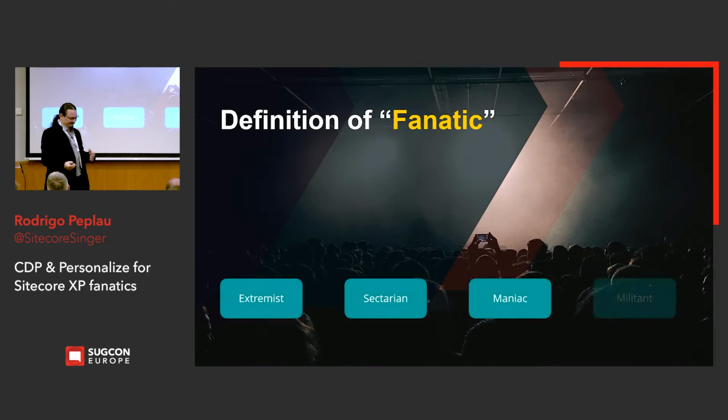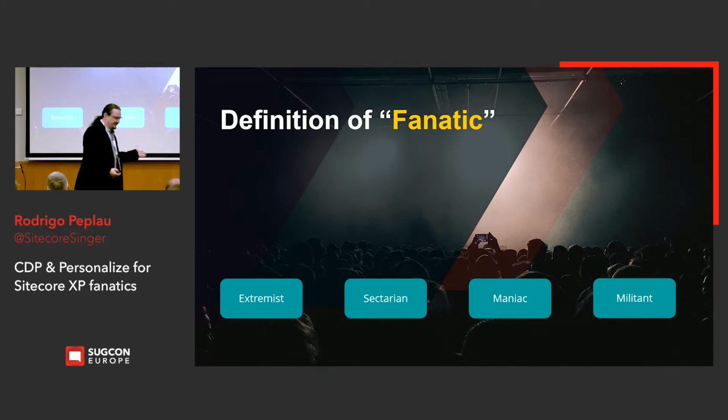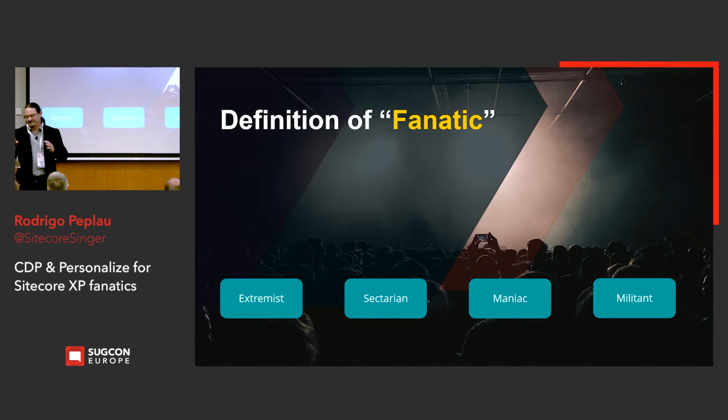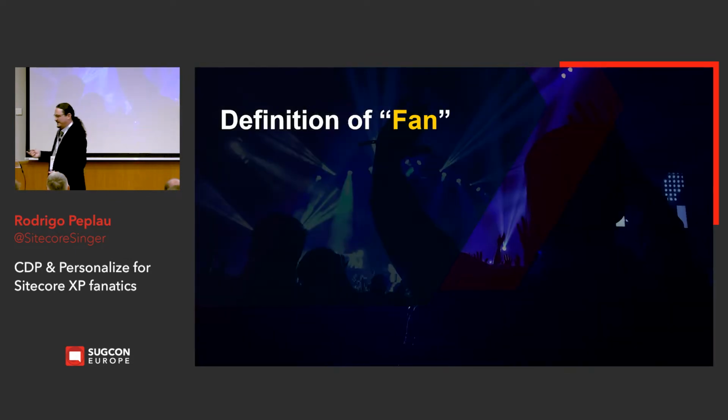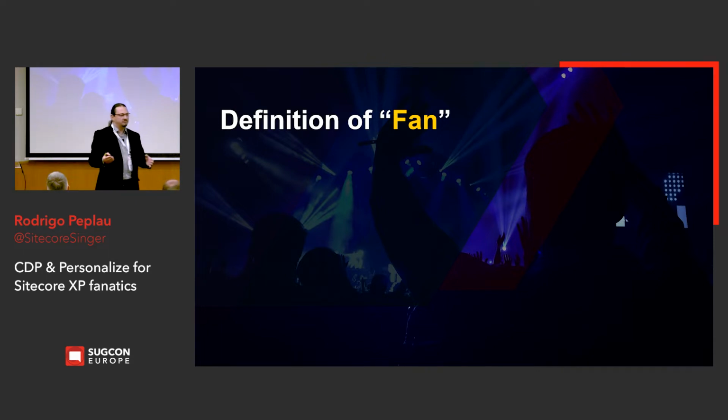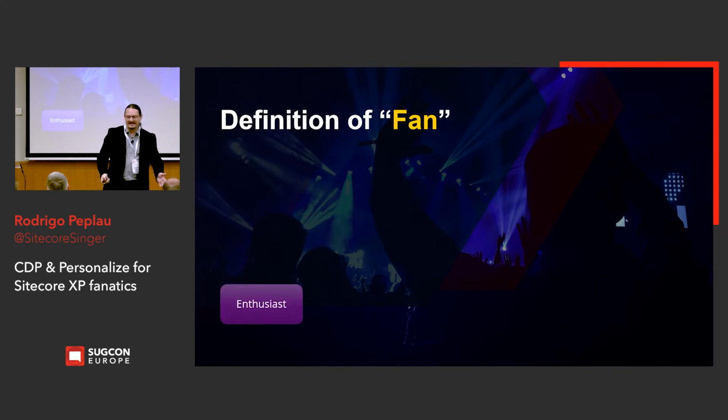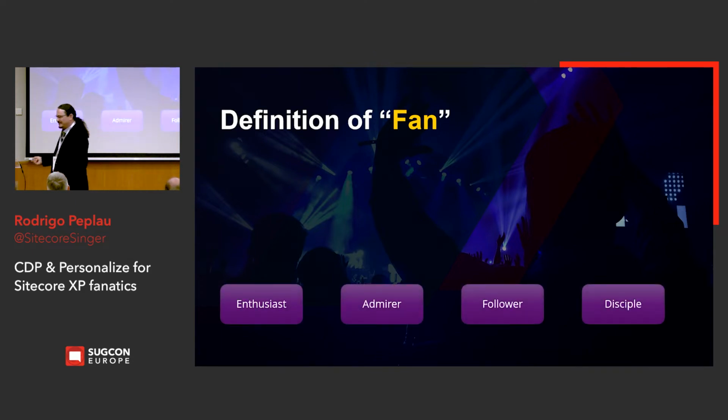All the synonyms are, as you can see, negative: extremist, sectarian, maniac. You don't want to be seen as a maniac, right? On the other hand, a fan, which is derived from the word fanatic, which means crazy, you just shortcut the word and everything becomes positive: enthusiast, admirer, follower, disciple.